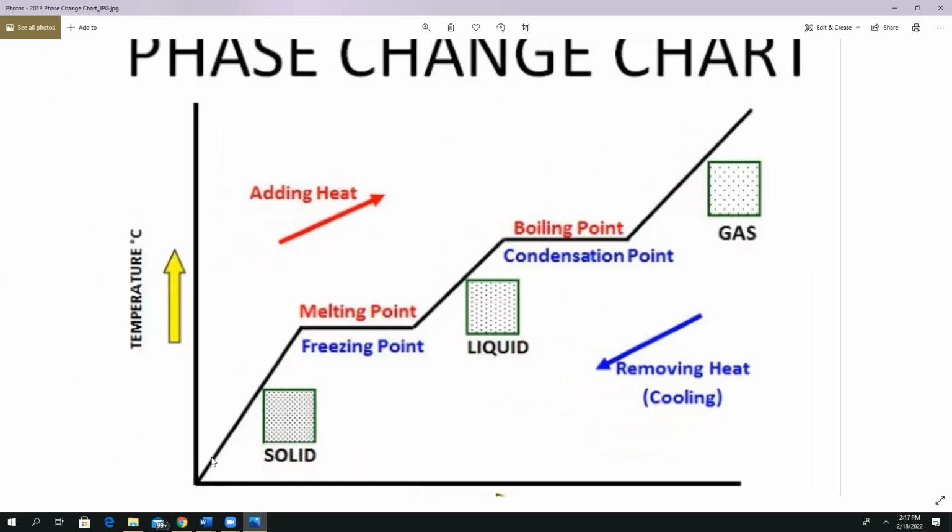So here, it's all about the phase changes. That's all it is. It has nothing to do with how much heat of vaporization, heat of fusion, none of that. But this one is just telling you that when you go from, see the slopes and the condensation point, freezing point, melting point, all of those, they look the same.